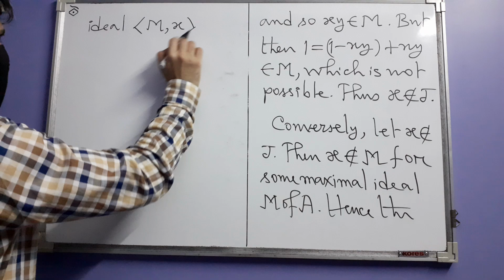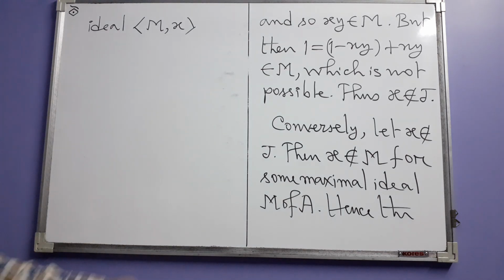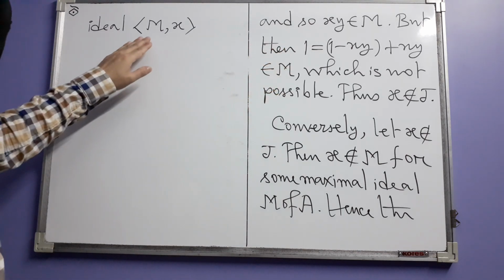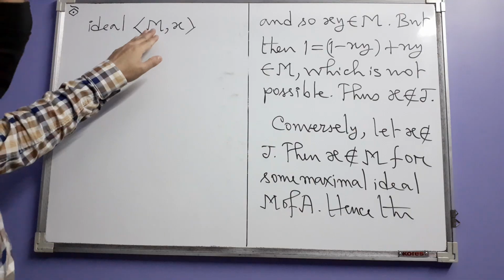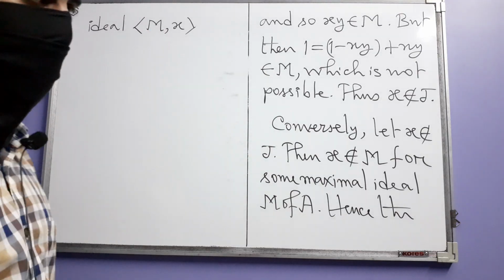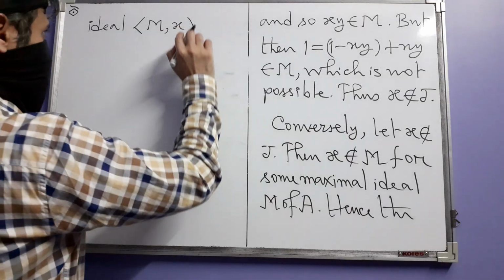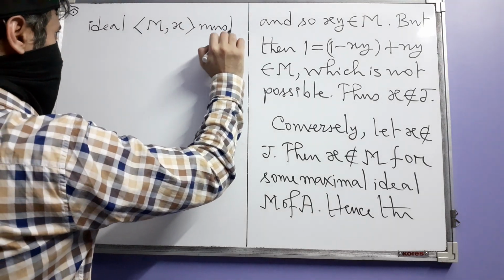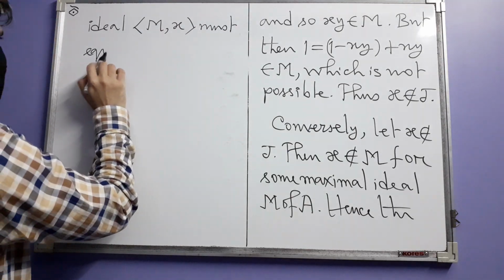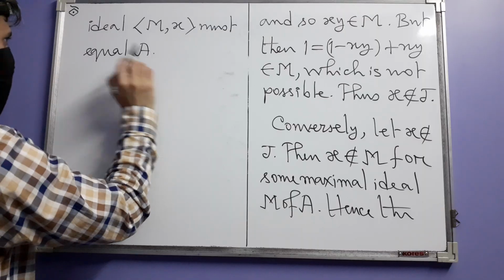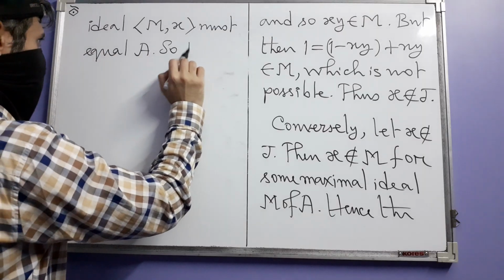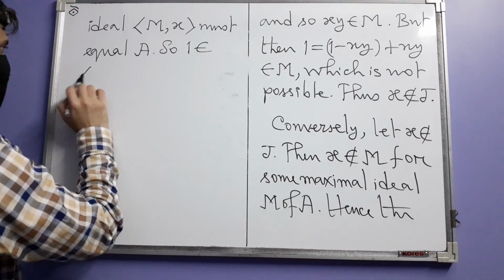But as we saw there, this is actually nothing but the sum of M and the principal ideal generated by x. But anyway, you can use this also. It must equal A. So 1 belongs to this ideal.